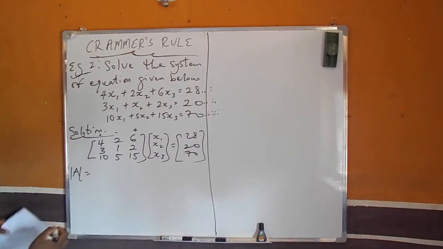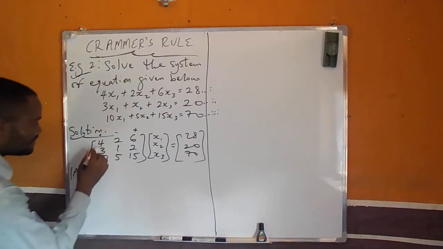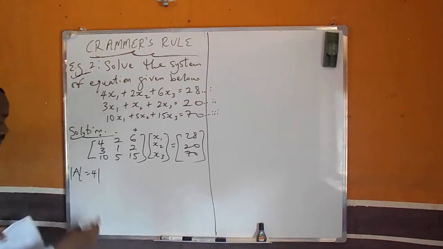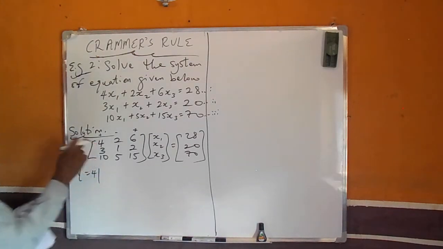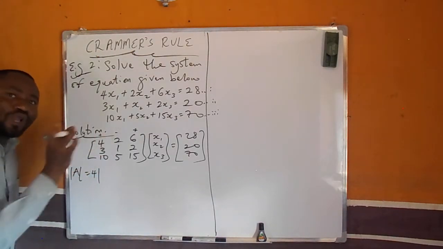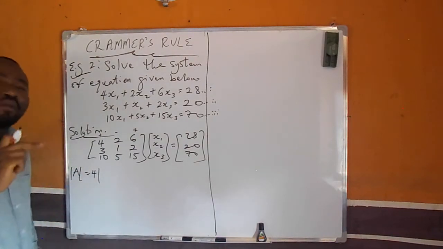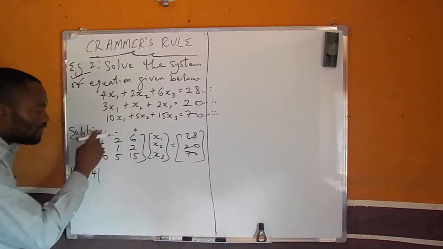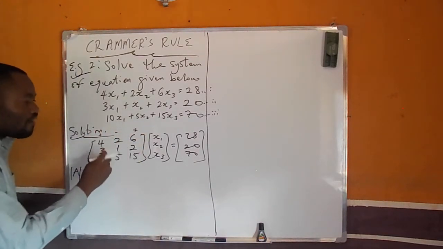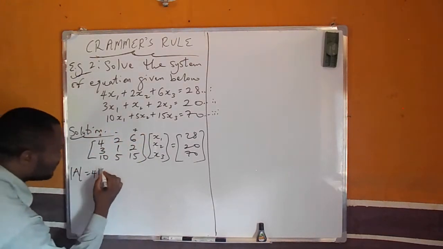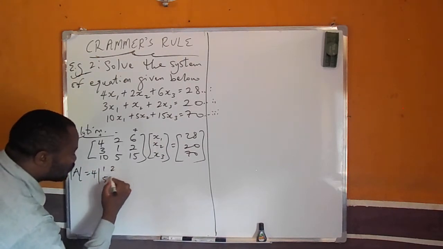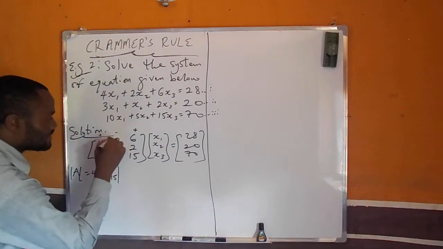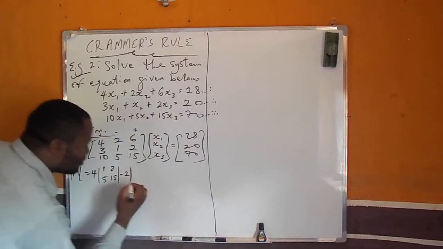The determinant of A equals, this is 4. Whenever you pick this 4, you eliminate all the entries on the same column and row with 4, so you have 1, 5, 2, and 15. Then a negative sign, negative 2.